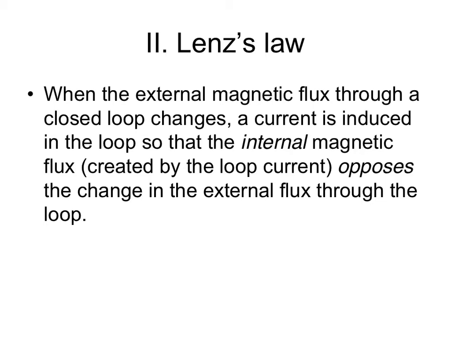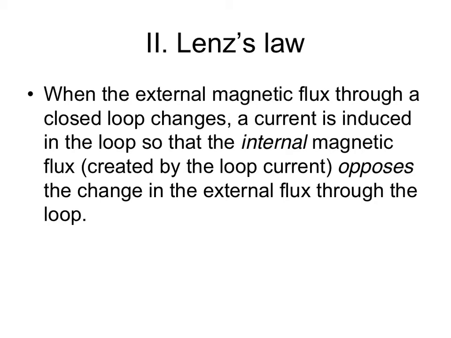Now something's going to change so that it changes the flux through that loop. And we'll talk about the different ways this can change. But when the flux of that loop changes, there's a current produced in that loop of wire. That current loop in that wire itself produces a magnetic field. We'll call that the internally produced magnetic field, which creates its own flux inside the loop.